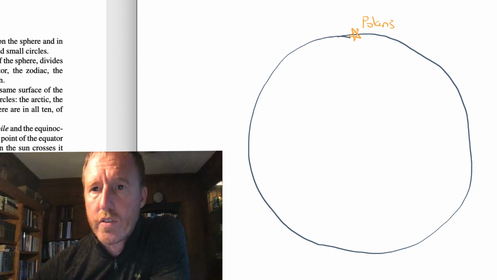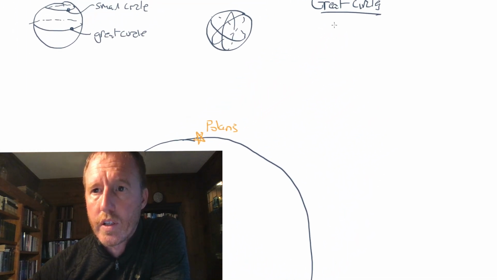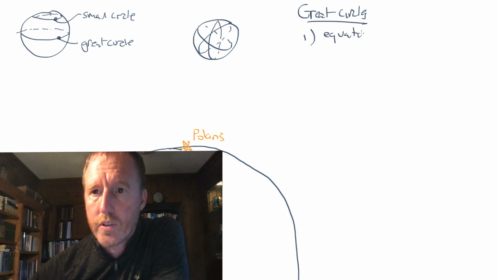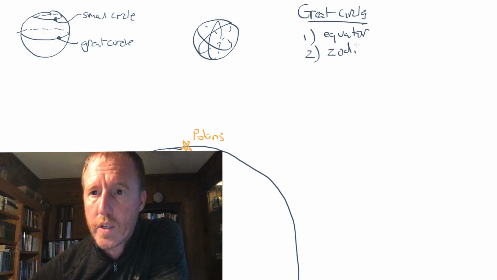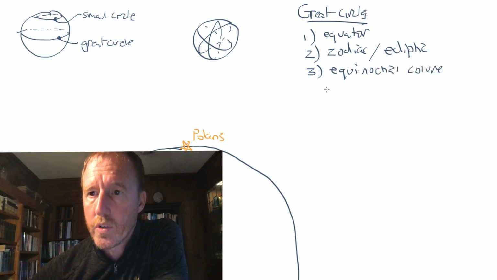So the first circles he's going to talk about are the great circles on the celestial sphere. First of all, there is the equator of the celestial sphere. So some of this is going to be review from before, and some of this may be new to you. The second is the circle of the zodiac, and I guess we should be a little bit more clear that this is the ecliptic. The third circle is what he calls the equinoctial colure.